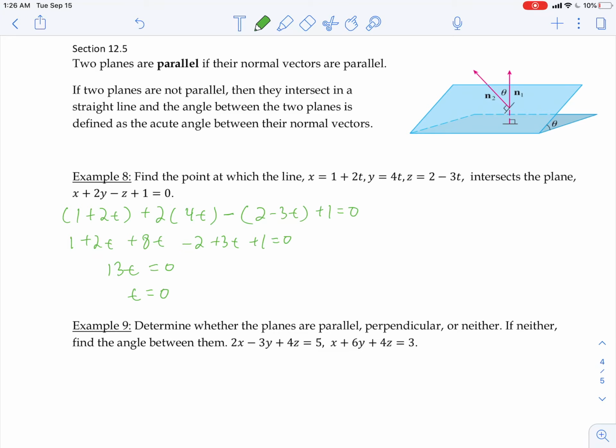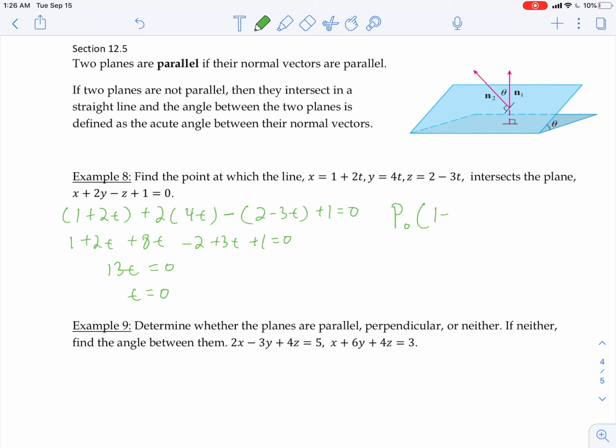And so now we can actually find the point, and we're going to use our line to help us find that point. We substitute into our line equation our t value, which is 0.